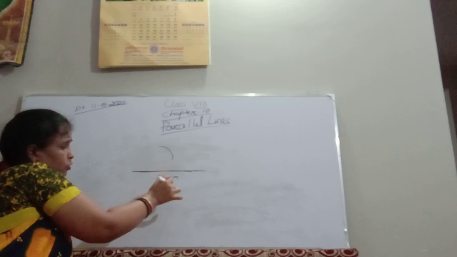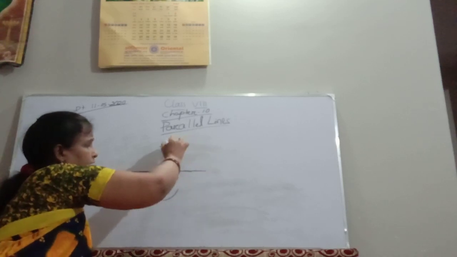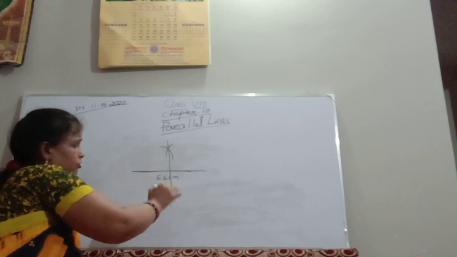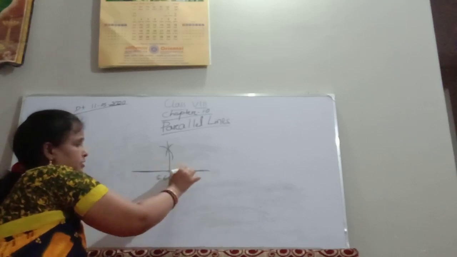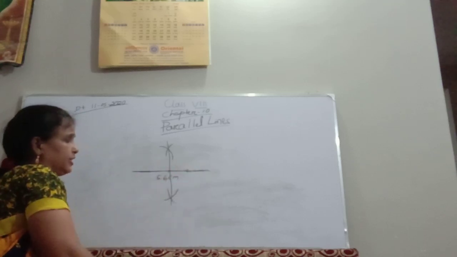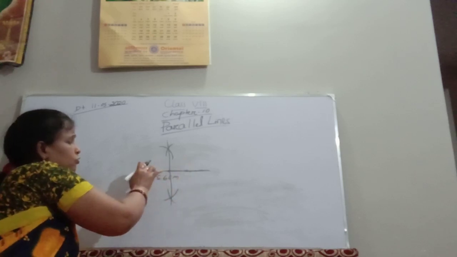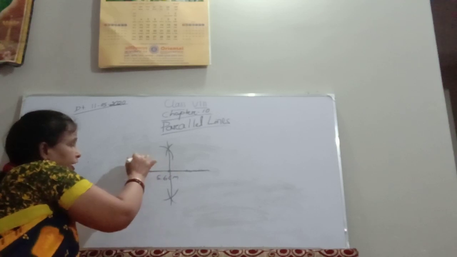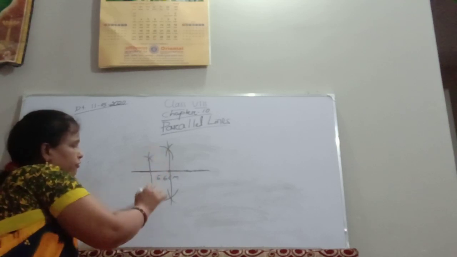Here also you can hold and draw like this. Again you can hold the compass here. Then this is the first line you can draw. This line divides this line into 2 parts. Yes, everybody understand. Next, you have to divide this line into 4 equal parts, so again you divide in this manner.